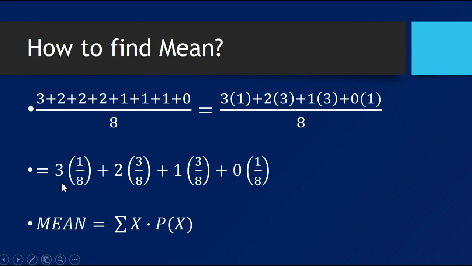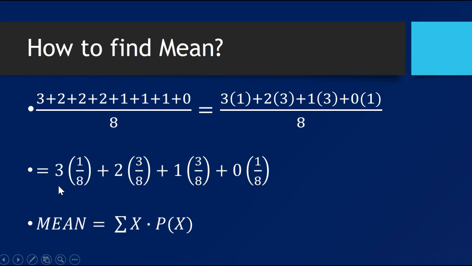And if you notice what's happening here, I'm rewriting finding the mean as simply taking each of the values multiplied by the probability of getting that value. So 2 times the probability of getting a 2. 1 times the probability of getting a 1. 0 times the probability of getting a 0.